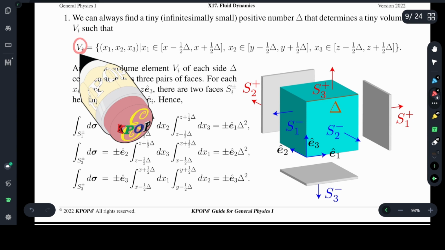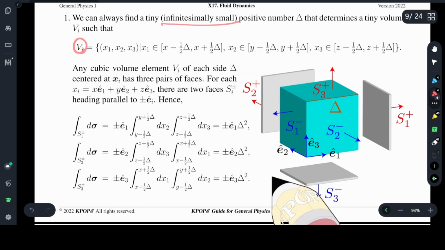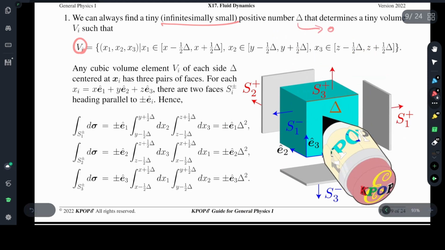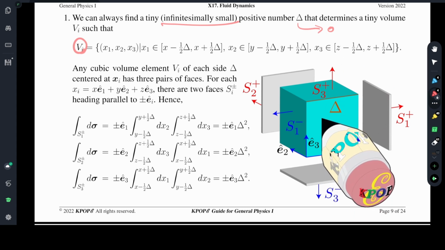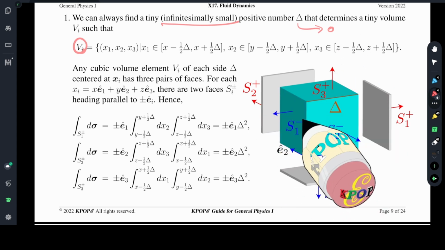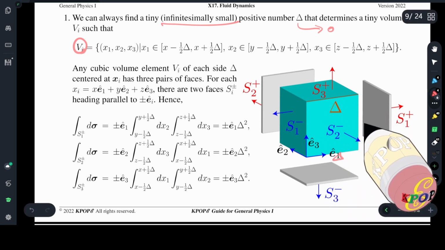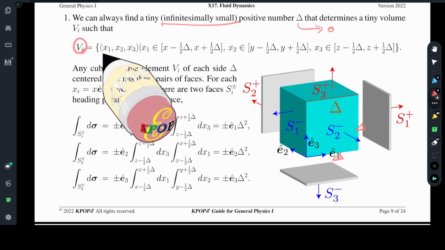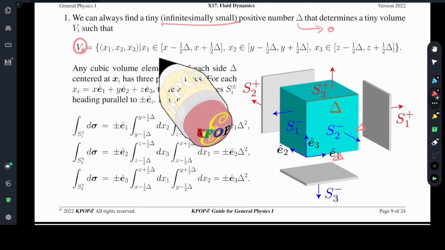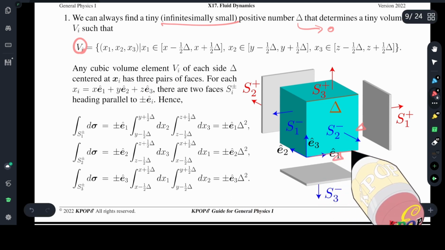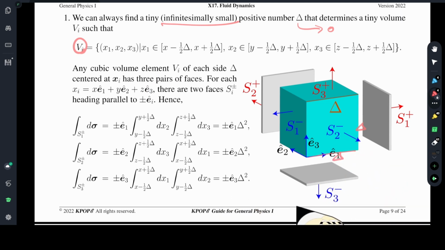Each tiny volume is infinitesimally small, so delta is going to zero, but we magnify every cube in this form. This is a cube with every side delta. And this volume Vi has a center at x1, x2, and x3, and every side has a width of delta.